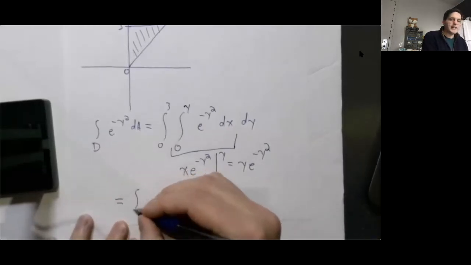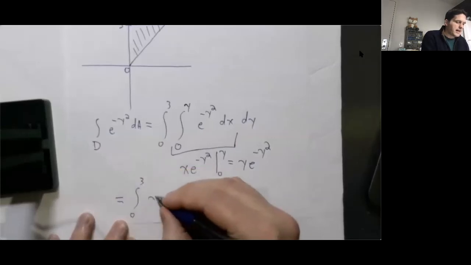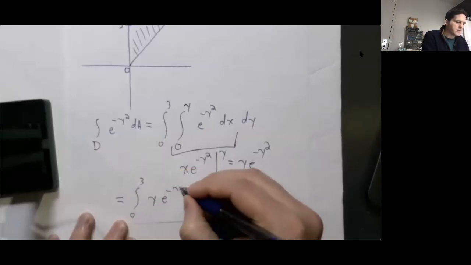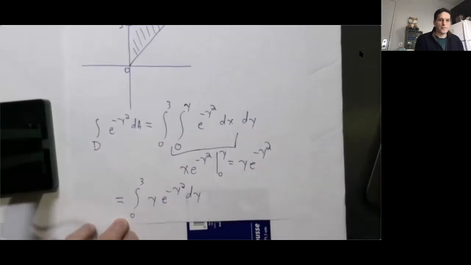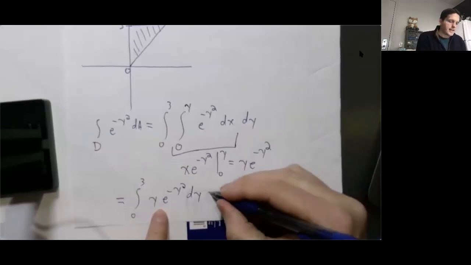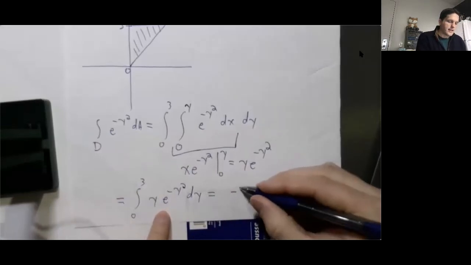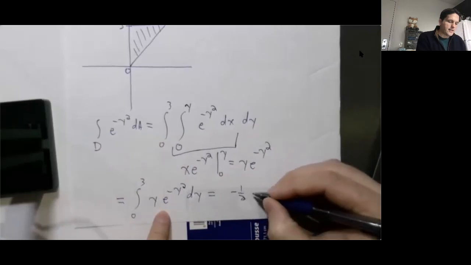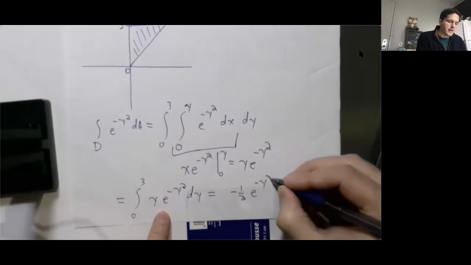So we have to now do the integral from 0 to 3 of y times e to the minus y squared dy. Okay, so we need an antiderivative of the inside, and here's an antiderivative, minus 1/2 e to the minus y squared.